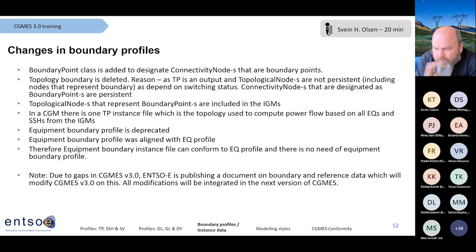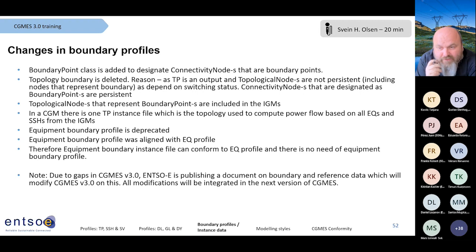The vocabulary or the item is now covered by the equipment, and when an extension is covered, it could also be part of any boundary. We have also added a boundary point class as an EU extension to accommodate information on the connectivity node, so that the connectivity node itself is defined the same regardless of which profile is included, but the boundary connectivity node has a boundary point pointing to it to indicate that this connectivity node is under a boundary agreement.